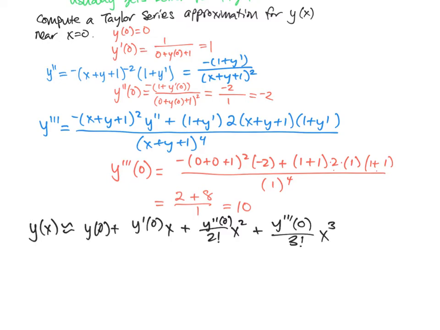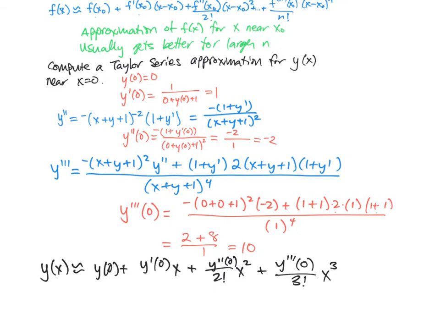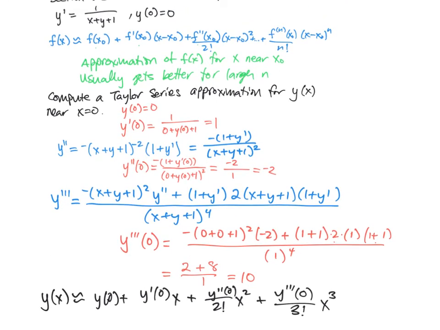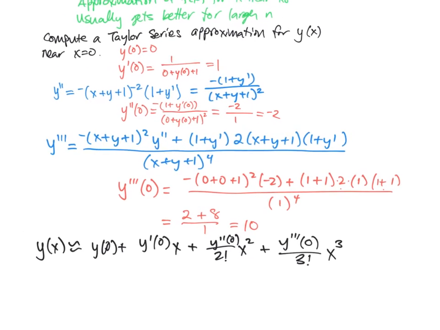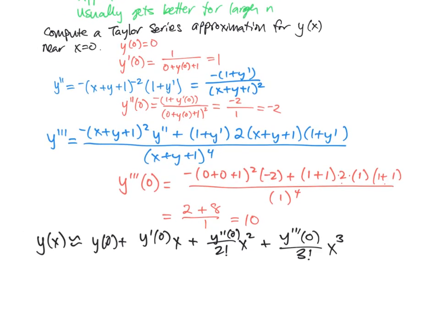And now I have my x and x squared and x cubed because my x naught equals 0. And so that's what I'm plugging in for those polynomial terms up there. So let me point that out: x naught equals 0. And now I can just plug in the values that I computed. And I've got 0 for this one.